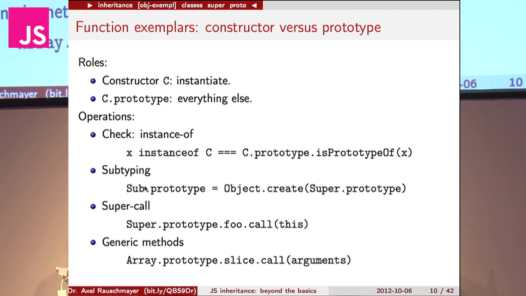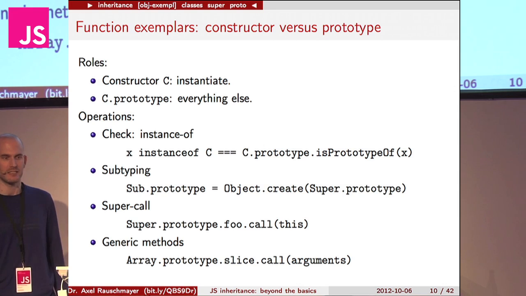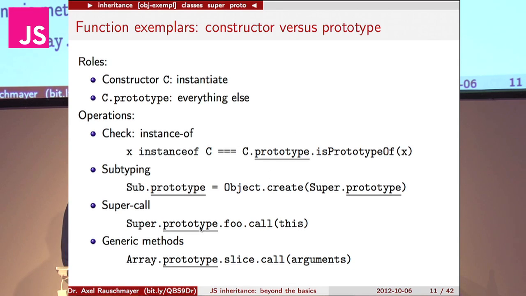Here again, if you subtype, if you create a subconstructor, if you extend an existing constructor, what you mostly connect is the subprototype with the superprototype. If you do a supercall, obviously you need to refer to the super method via the prototype, so it's again the prototype. And if you use generic methods, it's the same principle. So the prototype is used all the time, the constructor only once.